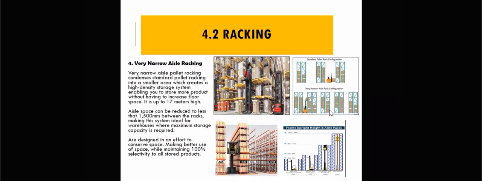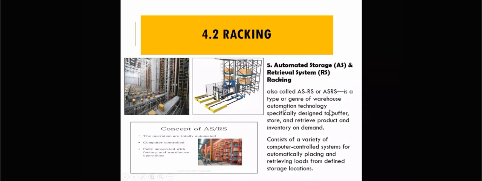Okay, the next one, ASRS, Automated Storage Retrieval System, racking. Okay, also called ASRS, is a type of warehouse automation technology specifically designed to buffer, store and retrieve product and inventory on demand. Okay, so dia punya konsep ASRS ni, operations are totally automated.